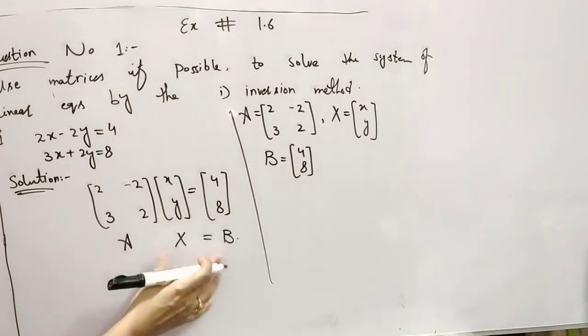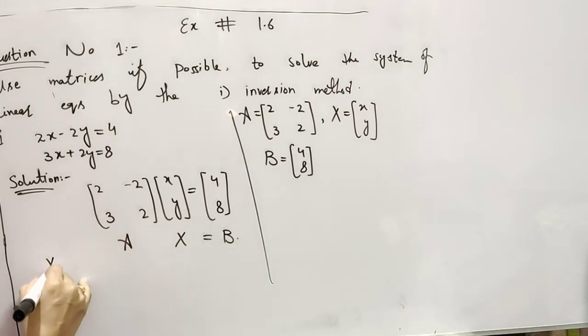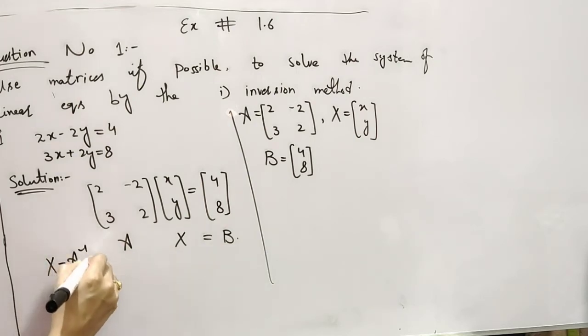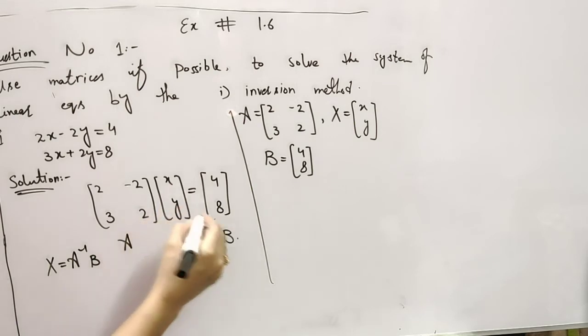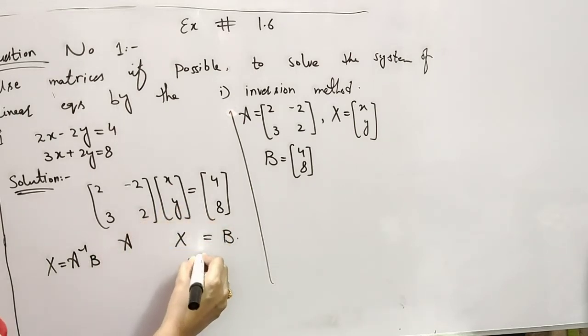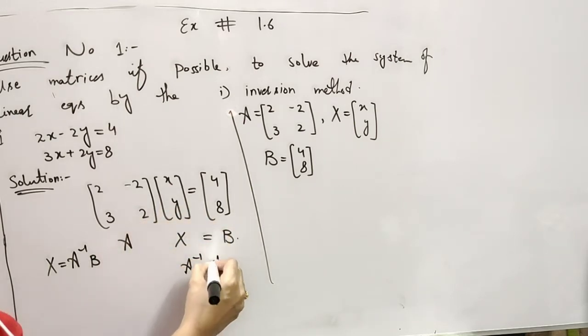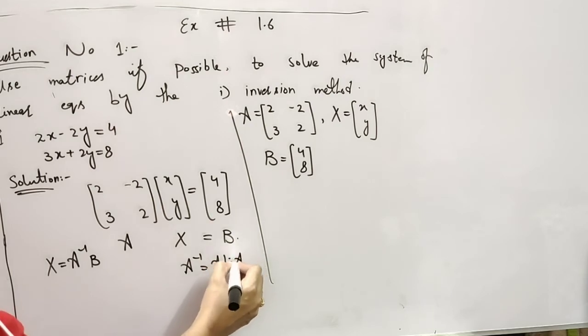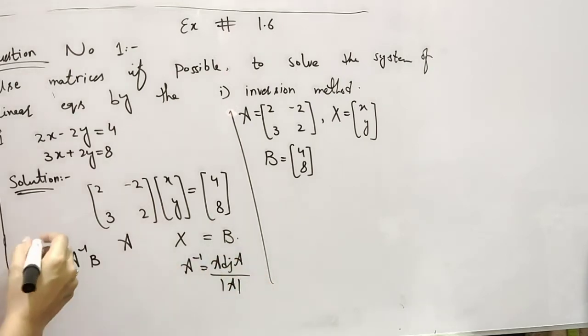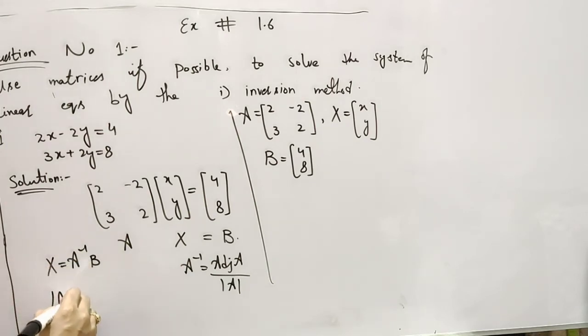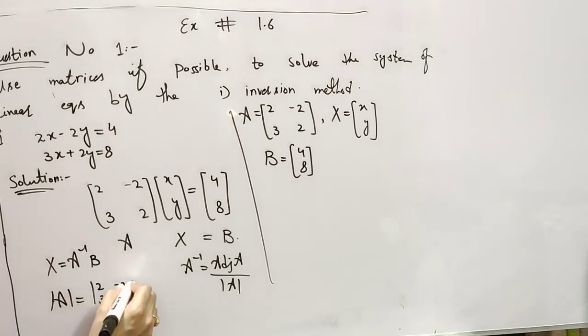So from this equation we can say that X is equal to A inverse B. So first we find A inverse, which is equal to the adjoint of A over the determinant of A. Now we solve the determinant of A, which is the determinant of [2, -2; 3, 2].